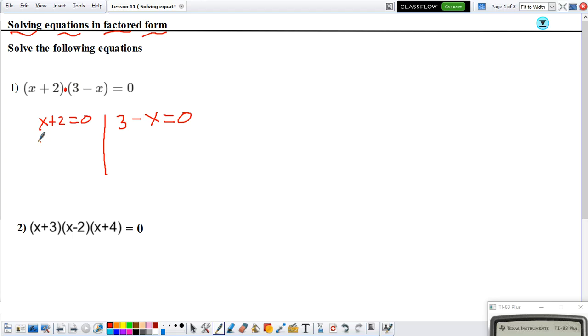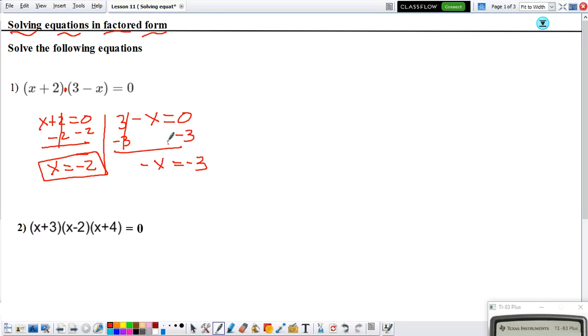So let's look at the left example with the next expression. How do we solve? Minus 2 to both sides. So now you have that x is equal to 2. This is one of my solutions. Minus 3. So minus x equals minus 3, divided by negative 1.